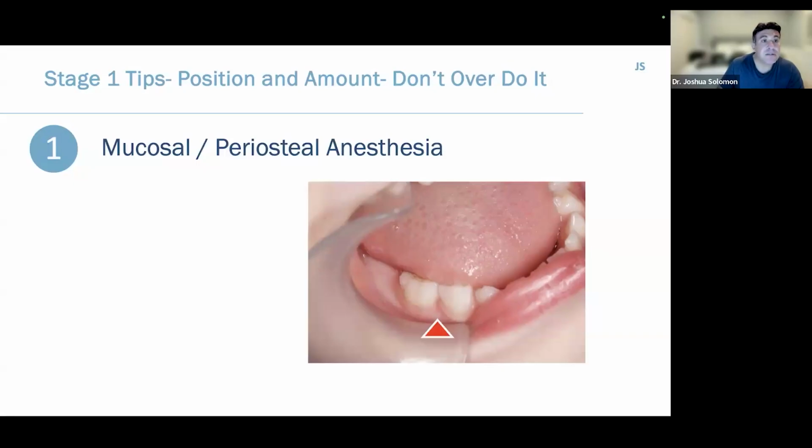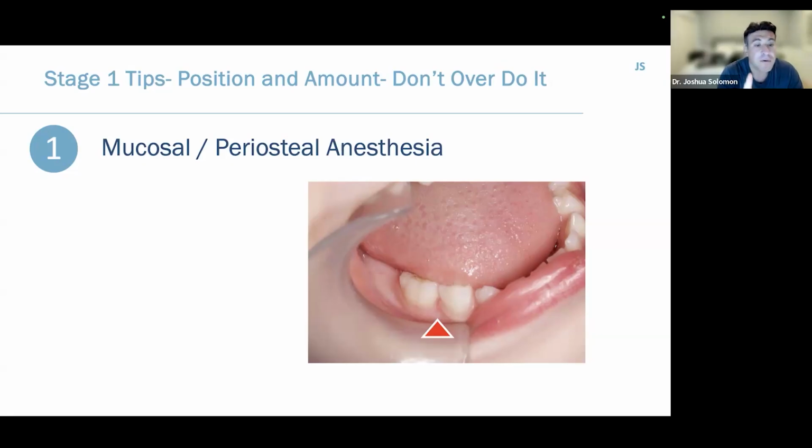And what we're trying to do is make sure that our soft tissue and our periosteum, our bone, is numb. If you take the tip of your needle and you enter directly in the middle of the papillary triangle, what happens is as you give that bolus of local anesthetic, you will drift a little bit distally and your fluid will drip a little bit distally.